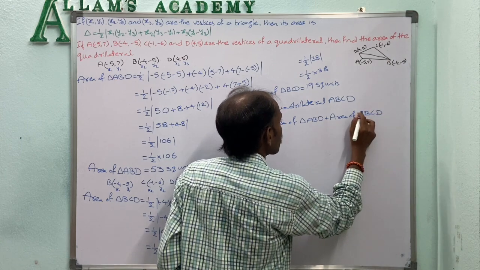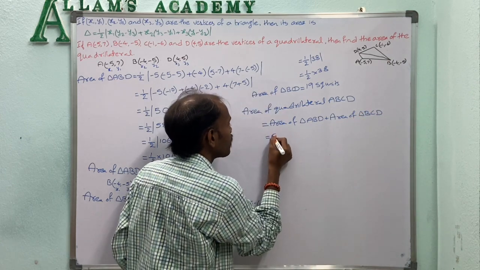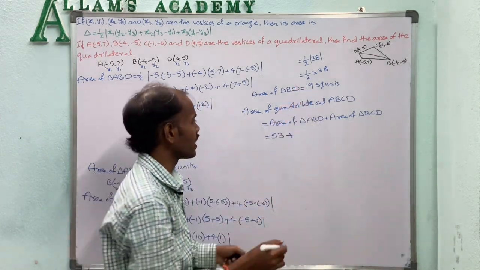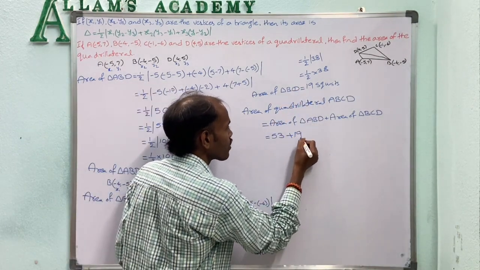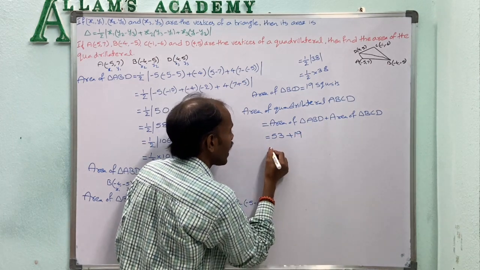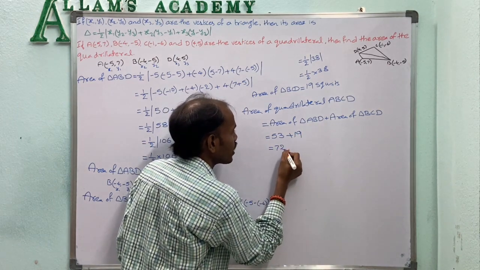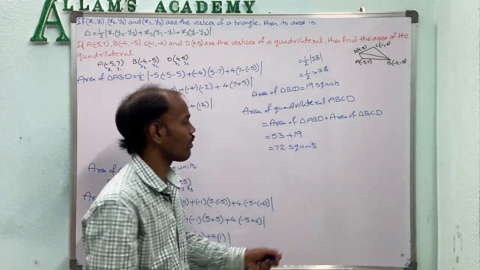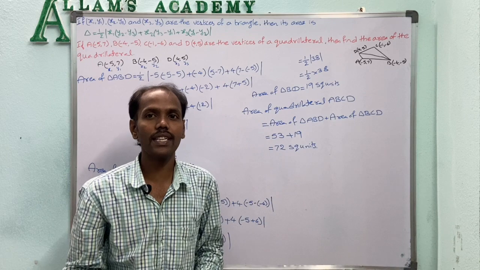The area of triangle ABD is 53 square units and the area of triangle BCD is 19 square units. So 53 plus 19 equals 72 square units. It is the area of the quadrilateral ABCD.